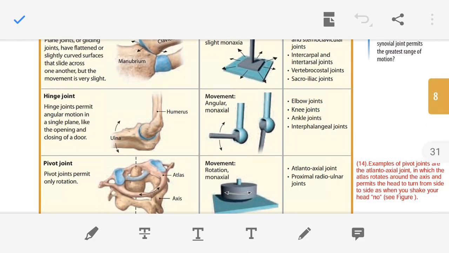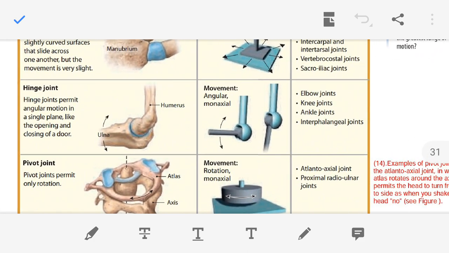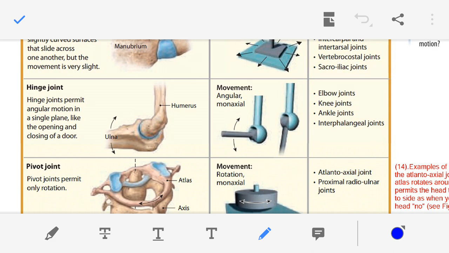For example, over here in this figure, this is the humerus. Imagine the humerus as the metal hinge and the ulna is like the door. So the door is moving either this side or this side.